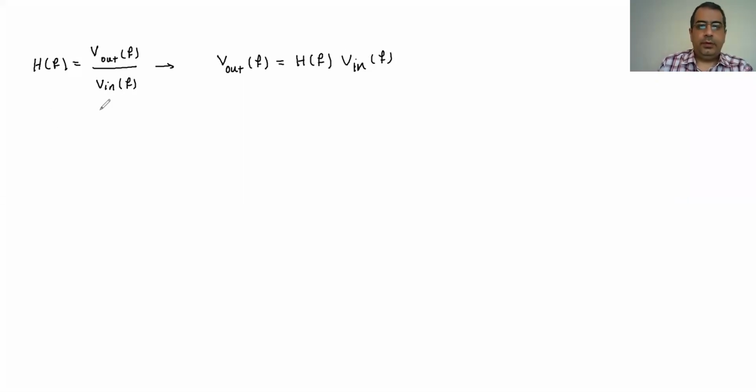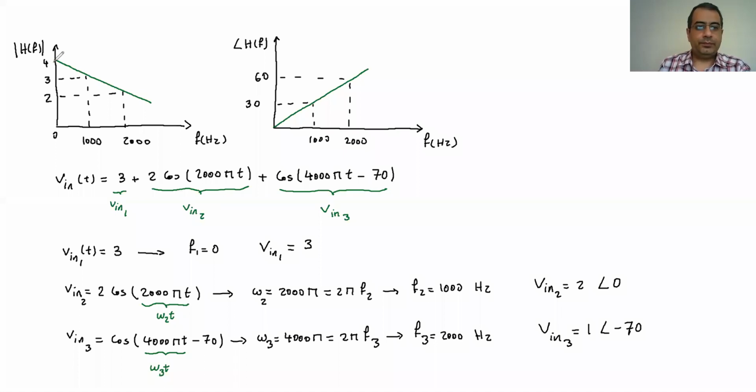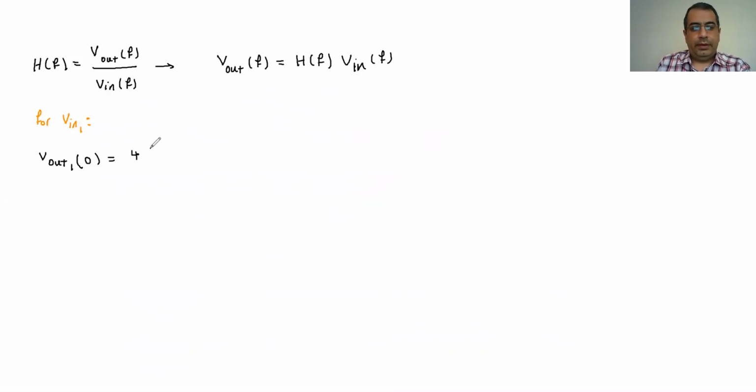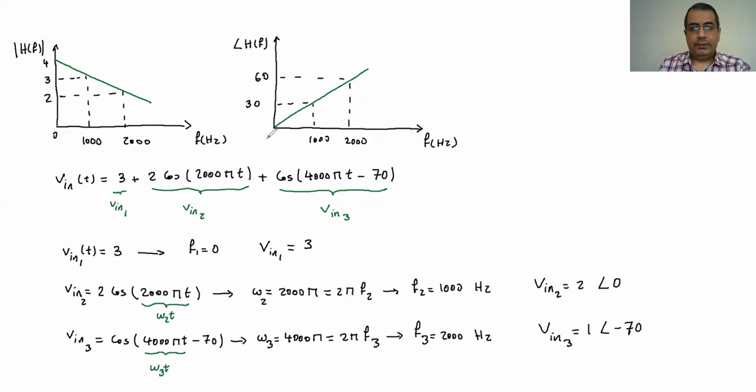So now I write it for each of the three signals. So for V in 1, I know that V out of 1, where the frequency for V1 is 0, is equal to H of f at 0. So H of f at 0 is just 4, and the angle of that at 0 is 0.